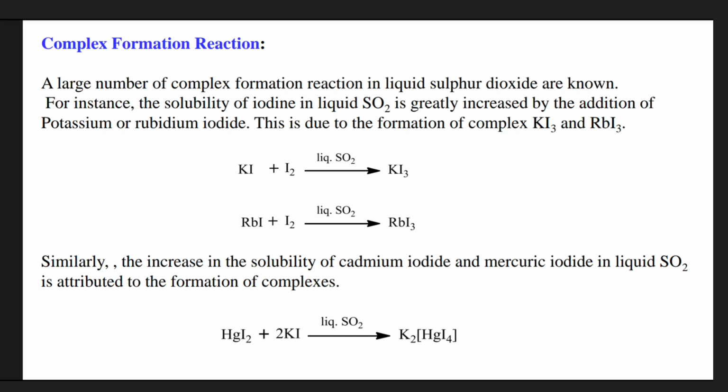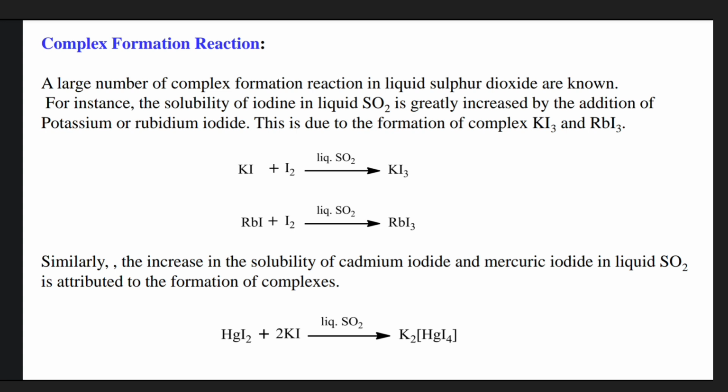For instance, the solubility of iodine in liquid sulfur dioxide is greatly increased by the addition of potassium or rubidium iodide. This is due to the formation of complexes KI3 and RbI3. KI plus I2 gives out potassium triiodide. Rubidium iodide plus I2 gives out rubidium triiodide.